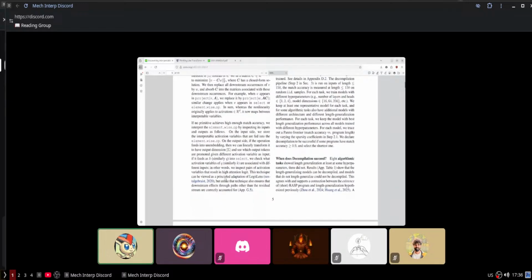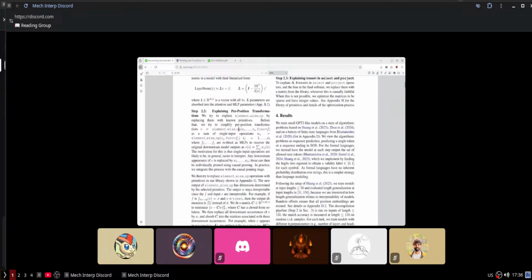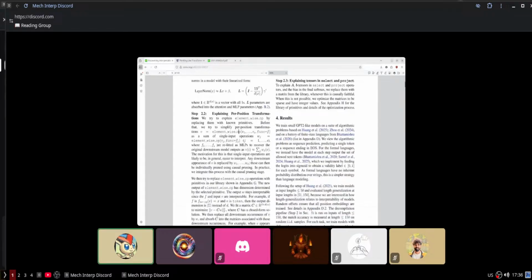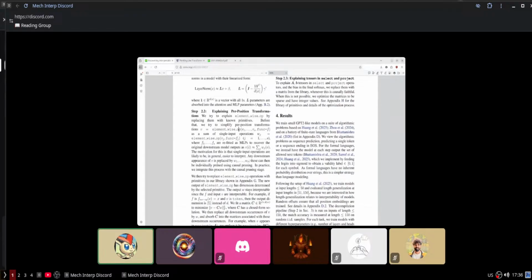Element-wise operations. Okay, but on the MLP they are doing something else.